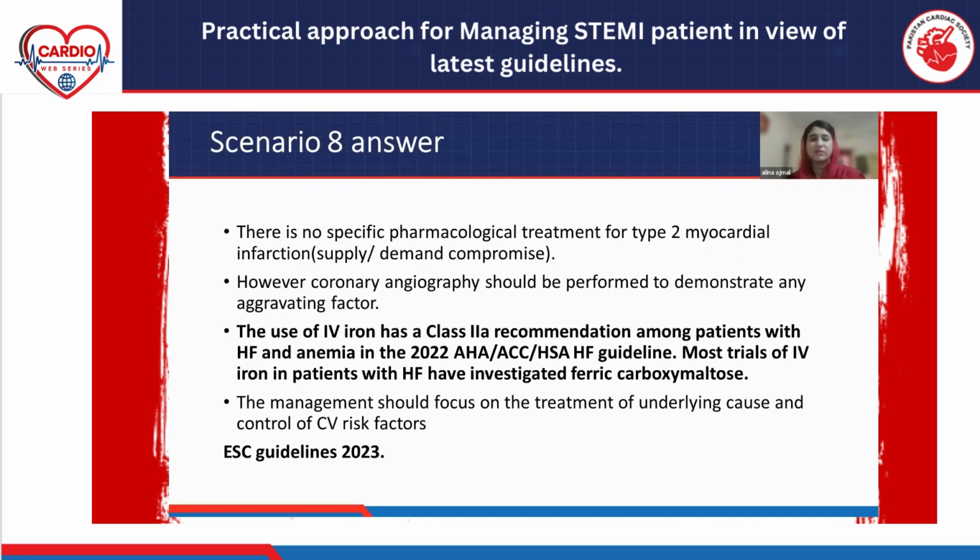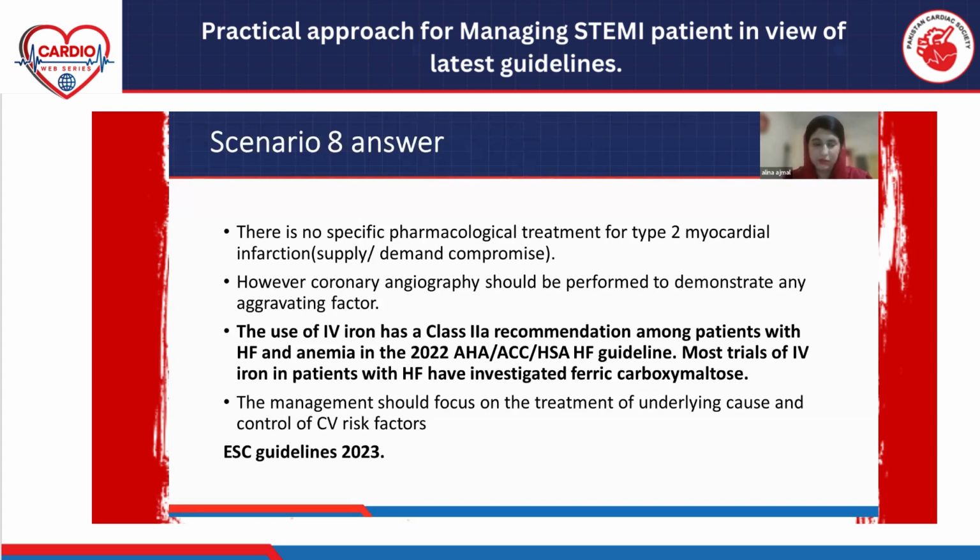So the answer is there is no specific pharmacological treatment for type 2 myocardial infarction. What is type 2 myocardial infarction? Type 2 myocardial infarction is a supply-demand mismatch. As I have told you in the scenario, the patient's Hb was just 6.3 milligram per deciliter.